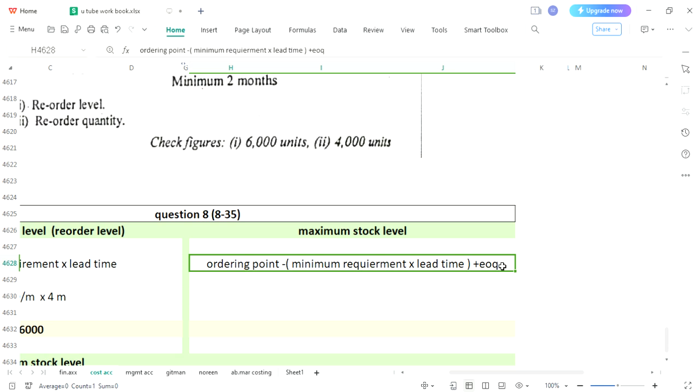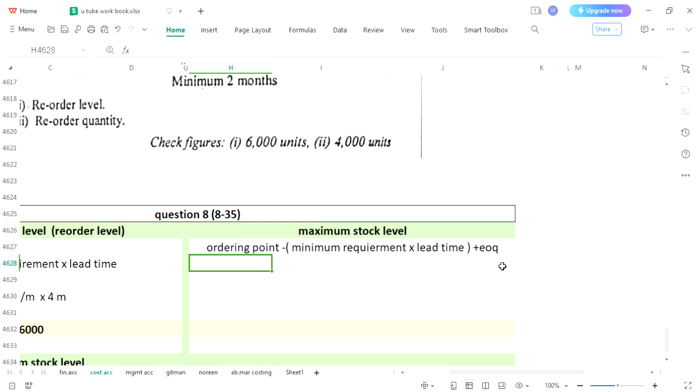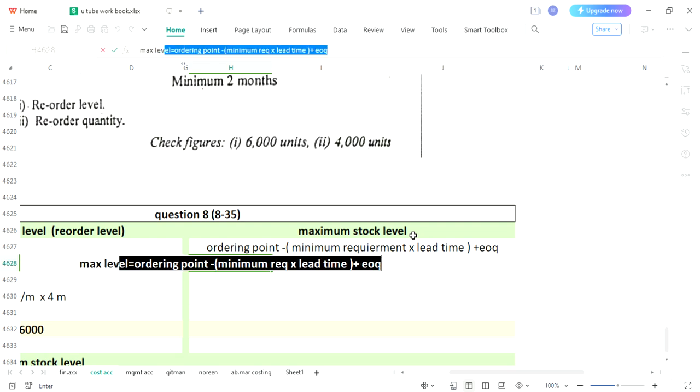So what you will do, just you will write this formula in a little different way. I am going to write it again. What this formula is all about: maximum stock level. So maximum level.